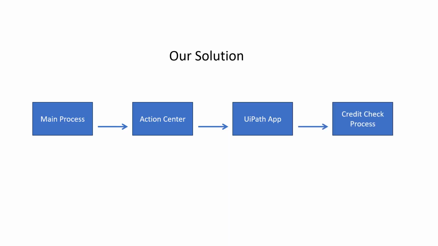Then that app, in this case, is going to call another process on the backend, an unattended automation that's going to run on our machine. It's going to get some feedback from that process. And then that feedback is going to go all the way out to the main process, and the process can then continue. So this thing about calling a process from an app is not a new thing, but being able to present that app inside, of course, of an action, that's the new part, and that's the very exciting part.